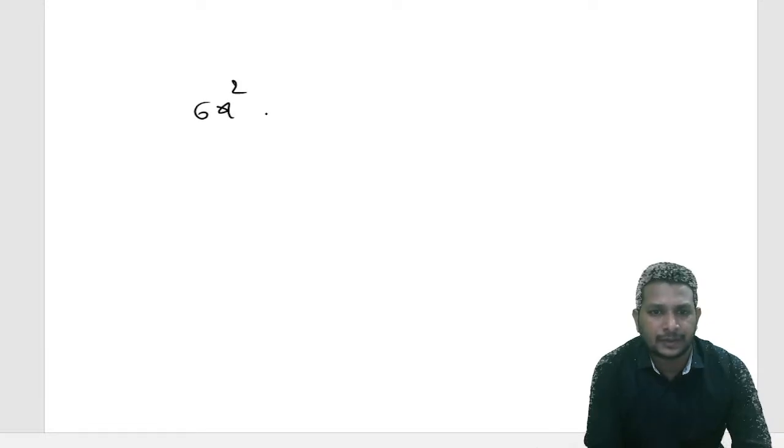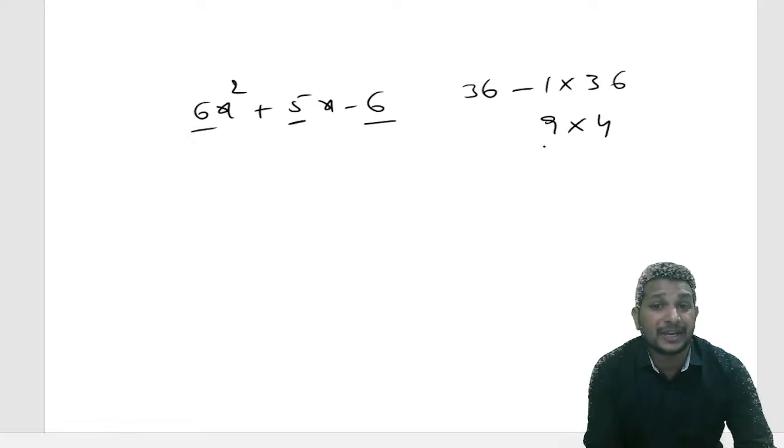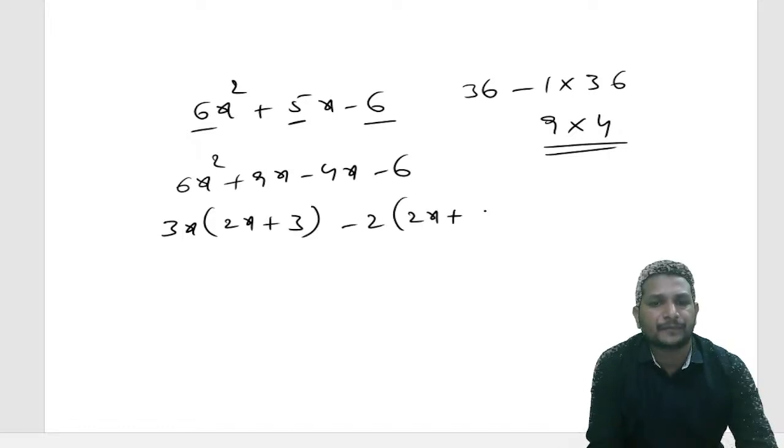6x square plus 5x minus 6. 6 into 6 becomes 36. 1 into 36, but I need to get 5, no? 9 into 4 is better. Of course, we can go in an order, but I am writing it directly. So 9x minus 4x minus 6. From the first two terms, I'll take 3x common: 3x into 2x plus 3, minus 2 into 2x plus 3.